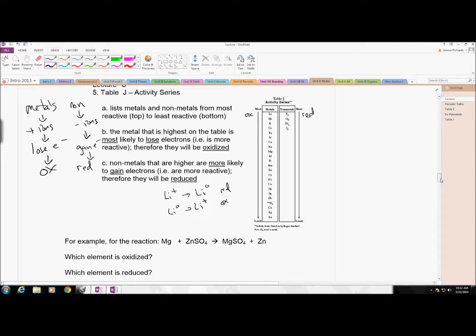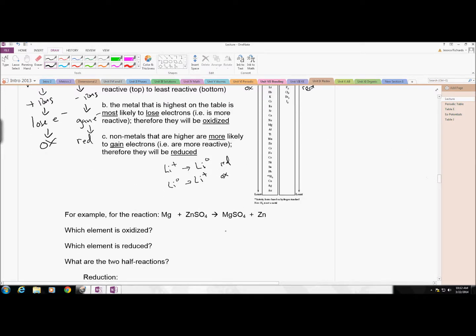So if we look at an equation, like the example listed here, magnesium plus zinc sulfate making magnesium sulfate plus zinc. This is our spectator ion. We can kind of ignore it. What we're really looking at is the interaction between magnesium and zinc. Magnesium, I'm going to change colors, is right here, and zinc is below it.